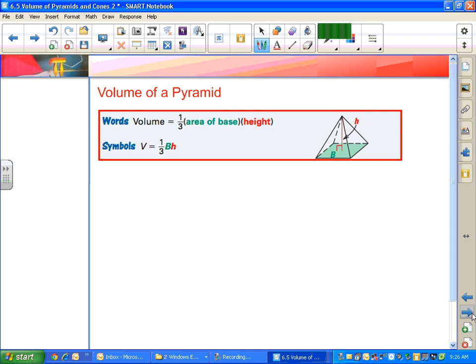So the volume of a pyramid is equal to 1/3 of the area of the base times the height of the pyramid. So remember, for any prism, the volume formula is the area of the base times the height.